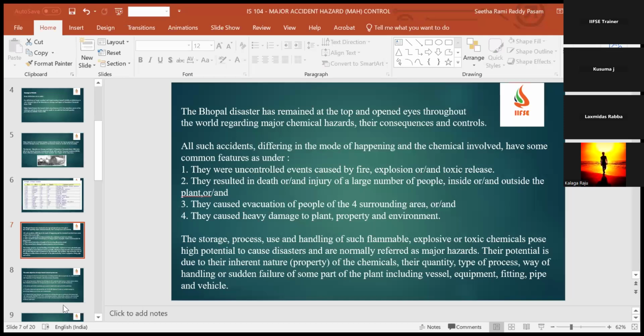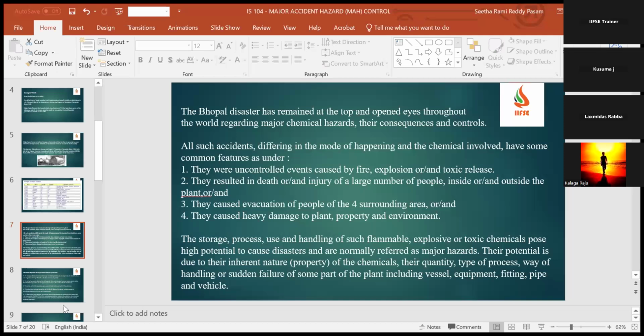These are some of the common features of these accidents. One is they are uncontrolled events, and second they result in death or injury of a large number of people within the facility or outside your facility. Then evacuation of people of the surrounding area, and also heavy damage to the plant, property, and environment.